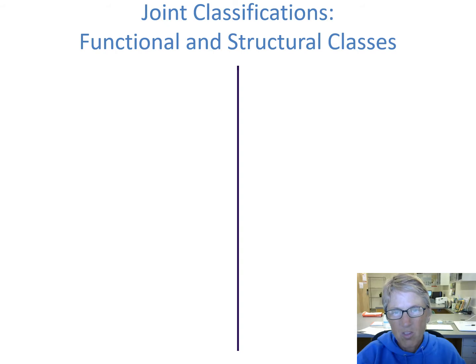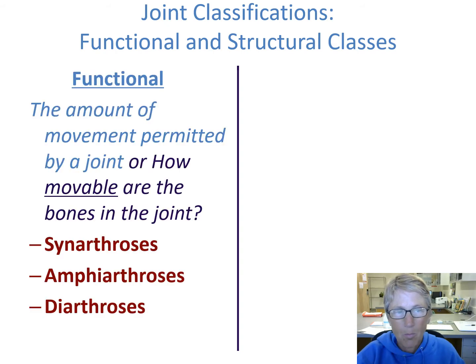We went over this in the last lecture, but there are two major classifications of joints. There's functional classification, that's the amount of movement permitted by a joint, and the subcategories of functional joints are synarthroses, amphiarthroses, and diarthroses.